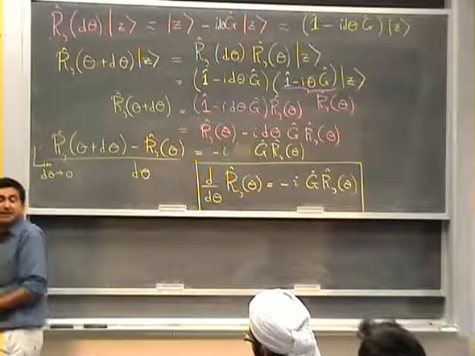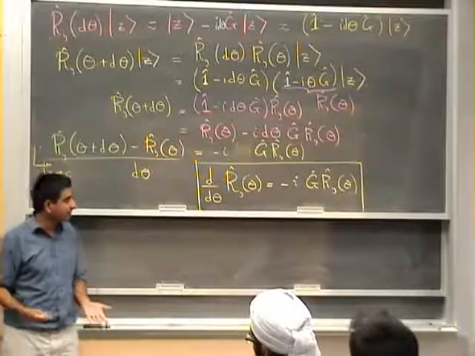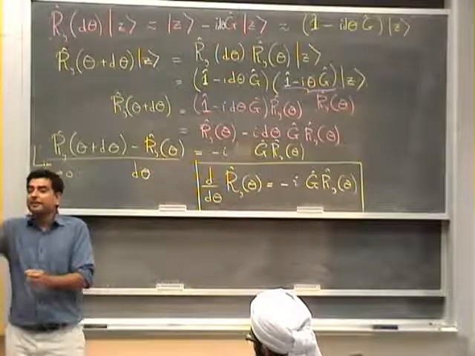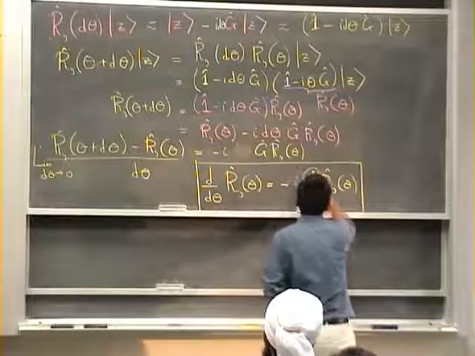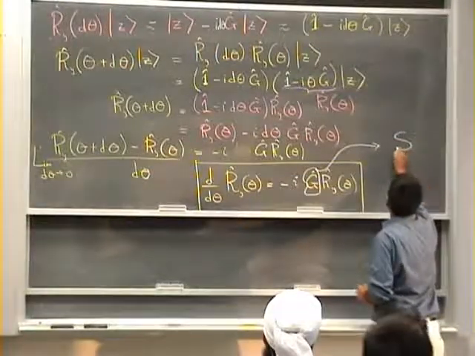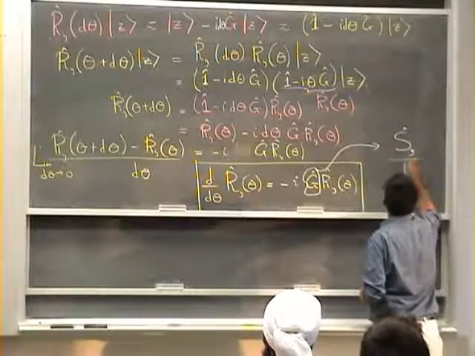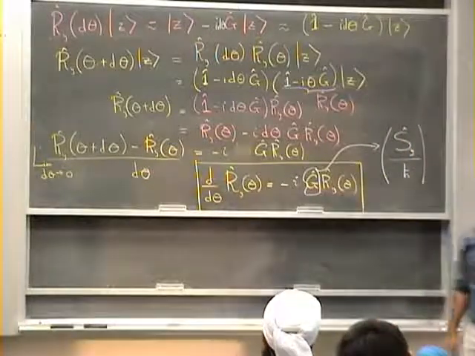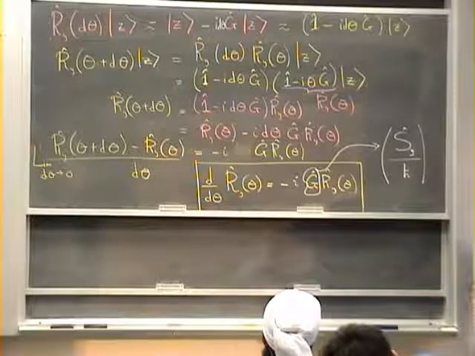So it generates rotations. That's why I use the letter G. If I generate a rotation about the y-axis, then I propose that this G must equal the spin angular momentum operator Sy divided by h bar. Okay? I propose, and we have to check this out.